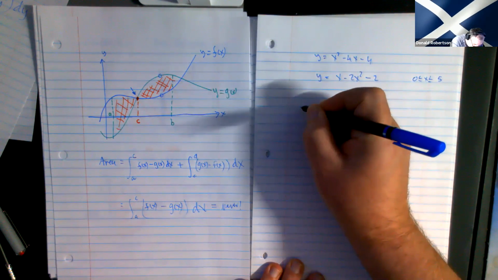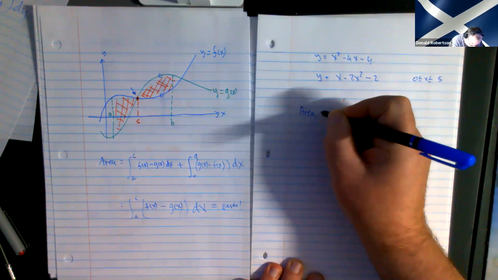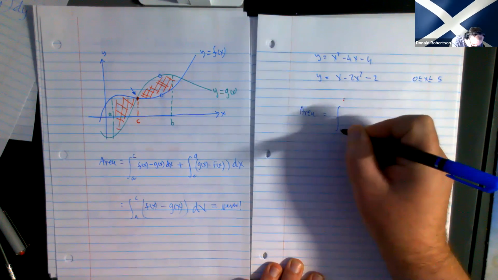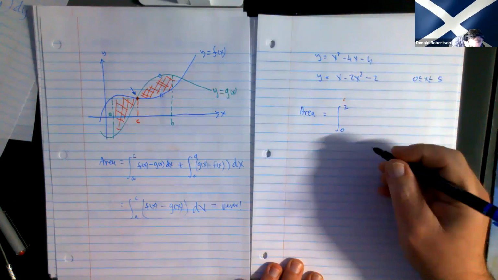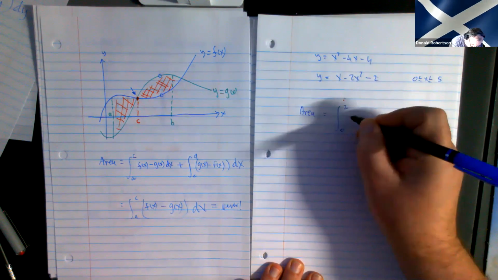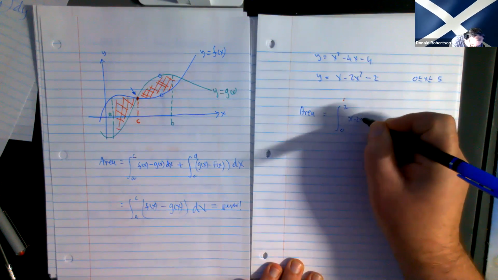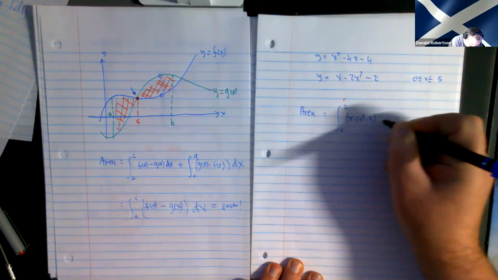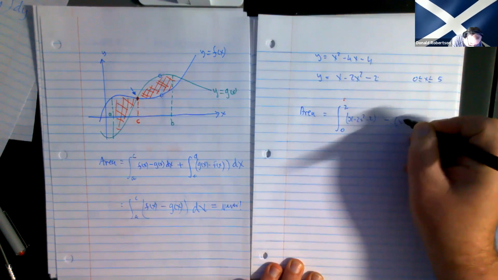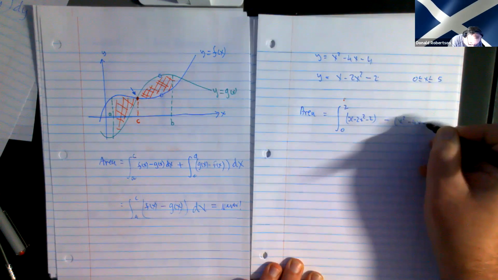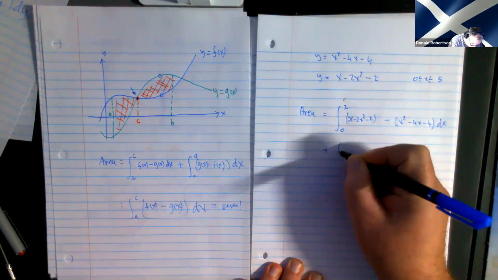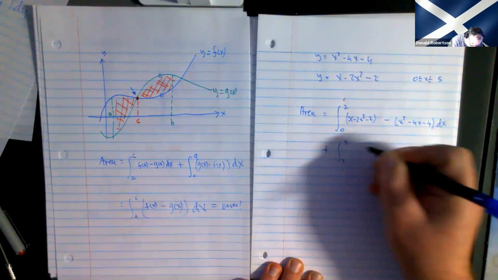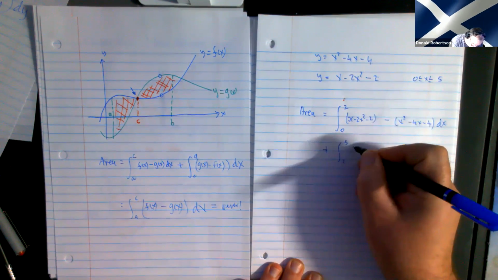We found out that there was a crossover at 2, so we do the integral from 0 to 2, and the one that goes first was this one, take away that one. And then you add, from 2 to 5, the rest of the journey, and these two switch places.